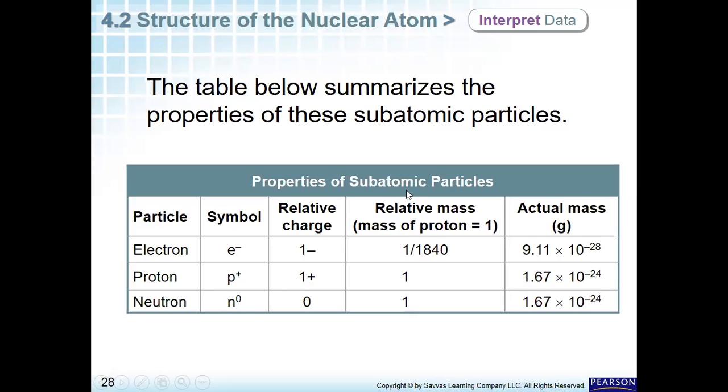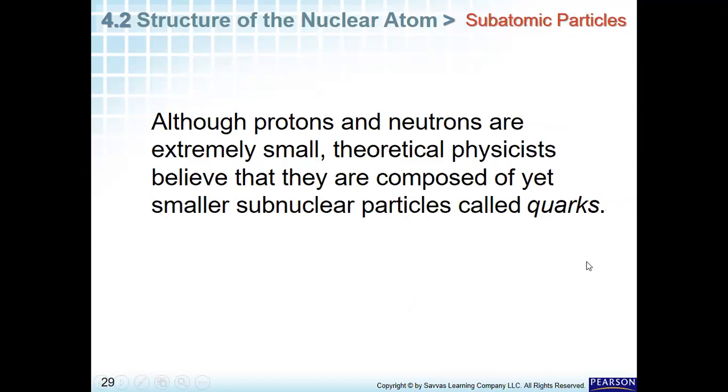For the relative mass, the mass of the proton equals 1, the neutron is 1, and the mass of the electron is 1 over 1,840 of the mass of the proton. For the actual mass, the electron is 9.11 times 10 to the power -28, which is too small.